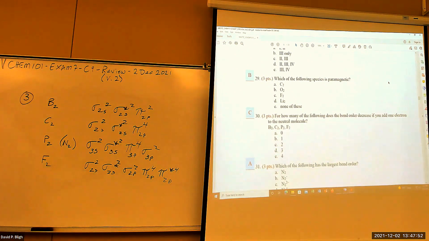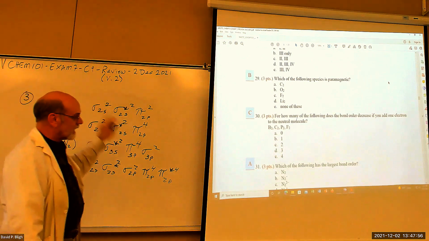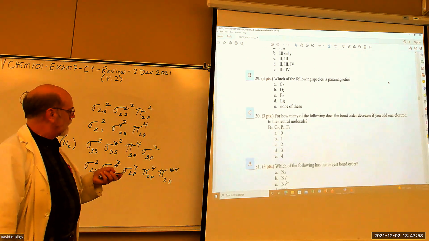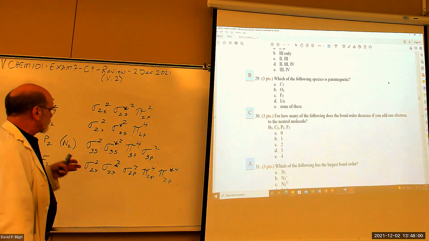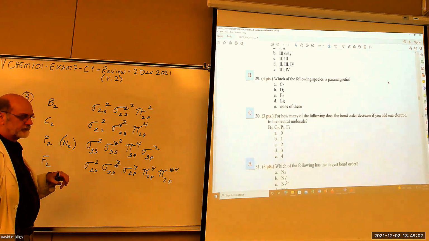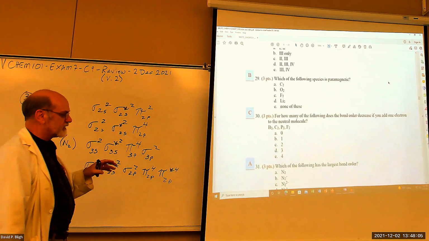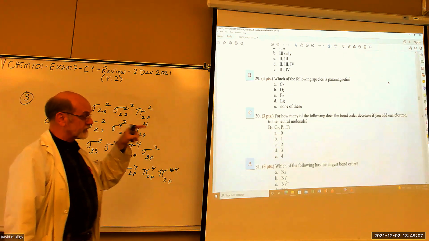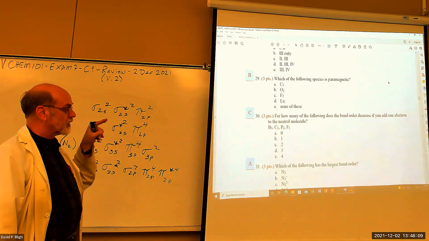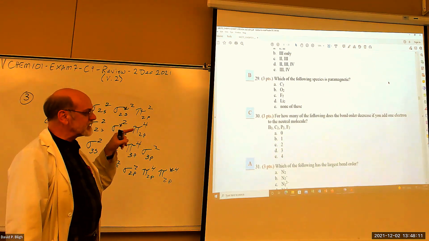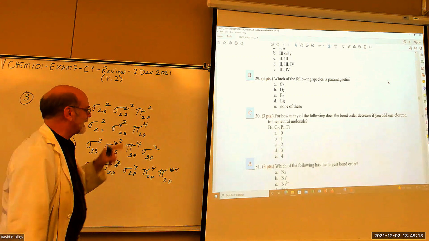Okay, the key to this one is, now that we have the structures, we know where all the electrons go. We don't actually have to calculate the bond order. The reason is that the question just asks which will decrease the bond order if you add an electron.